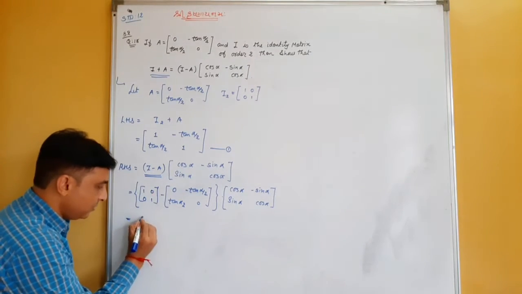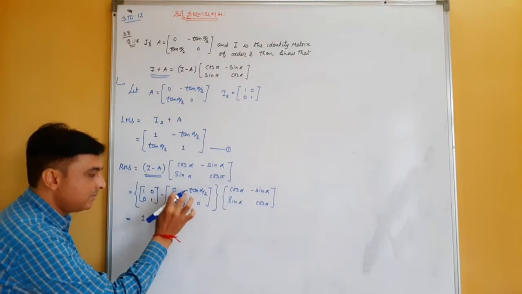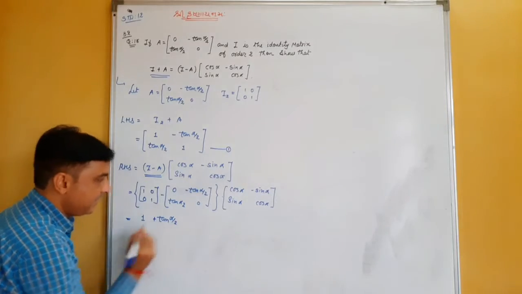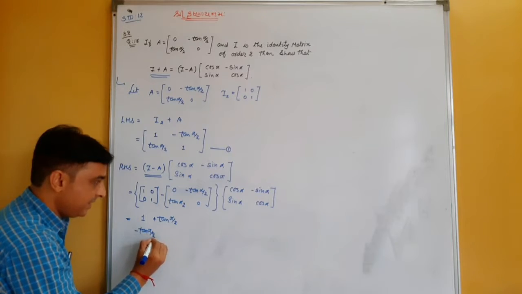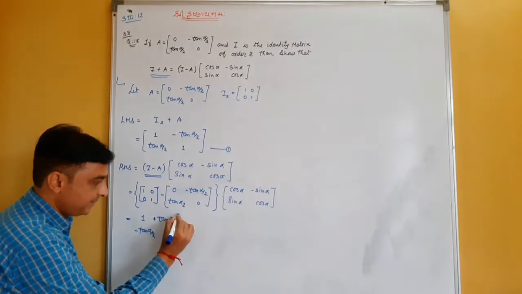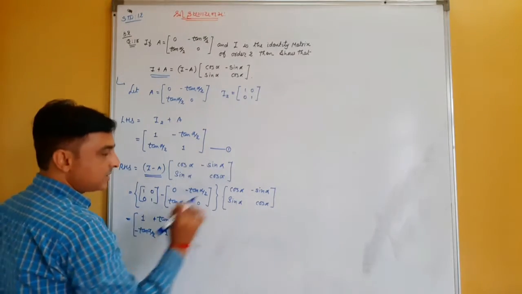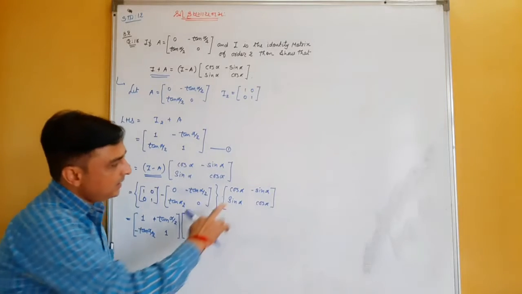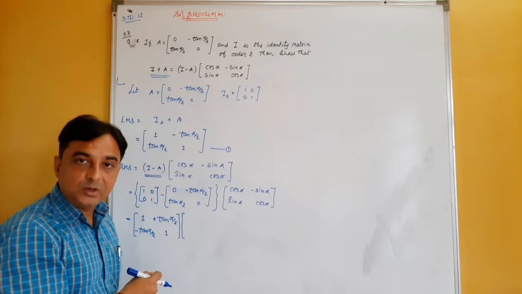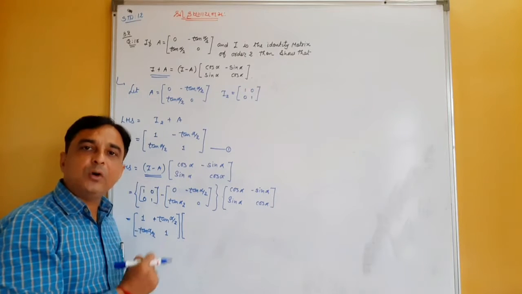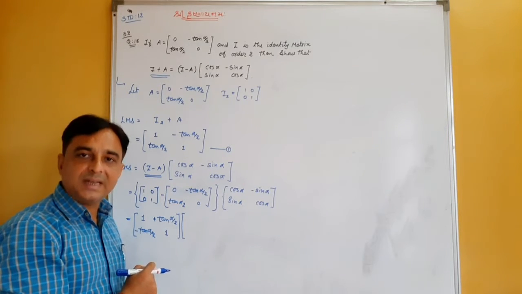So 1 minus 0 is 1. Minus 0 minus plus tan alpha by 2, that is 0 minus tan alpha by 2. So minus tan alpha by 2. 1 minus 0 is 1. Into this one. Now convert that cos alpha in the form of tan alpha by 2. So we have to apply the 2 theta formula. Cos alpha is 1 minus tan square alpha by 2 upon 1 plus tan square alpha by 2.